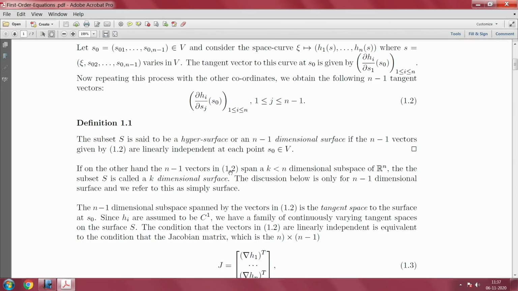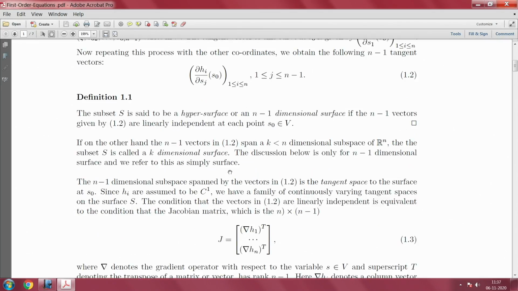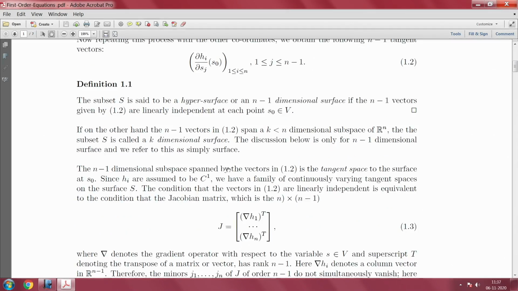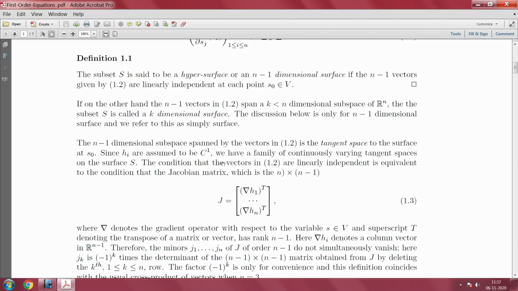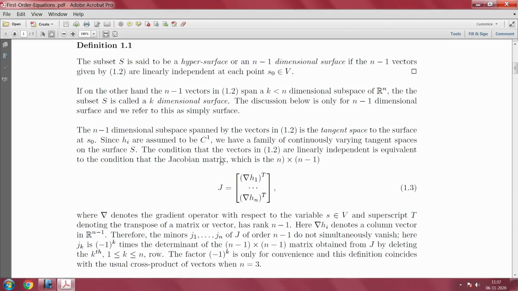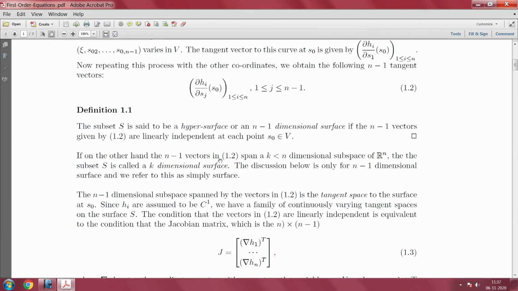And using linear algebra, we can convert this statement into an analytic statement, and for that you form this Jacobian matrix. You take all these gradient vectors of each function h 1, h 2, h n.